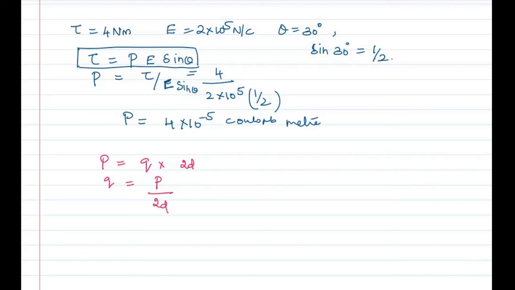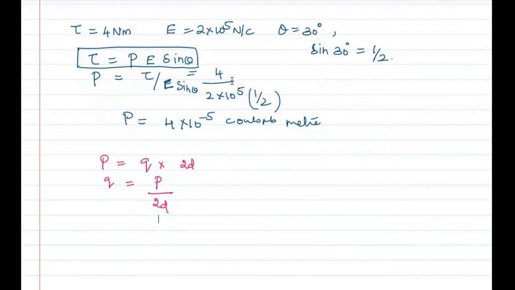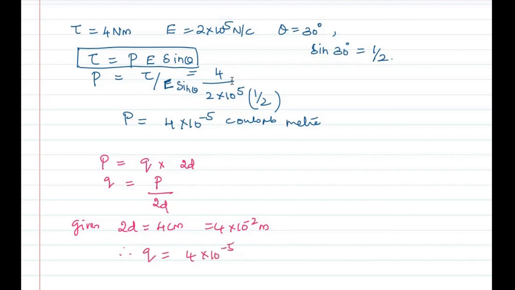From the question, 2D is given as 4 centimeter, which is equal to 4 into 10 to the power of minus 2 meter. Therefore, Q is equal to 4 into 10 to the power of minus 5 divided by 4 into 10 to the power of minus 2. So we'll get the answer to be 1 millicoulomb. So Q is equal to 1 millicoulomb is the answer.